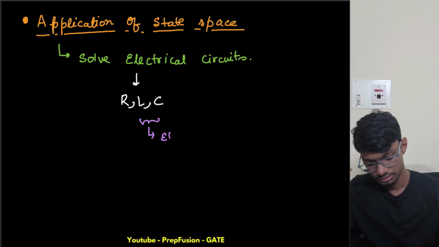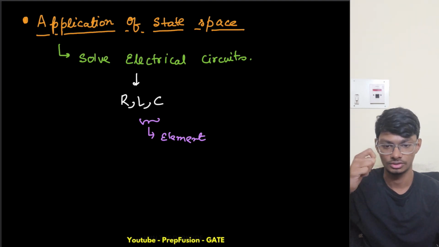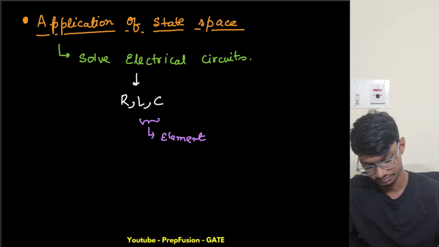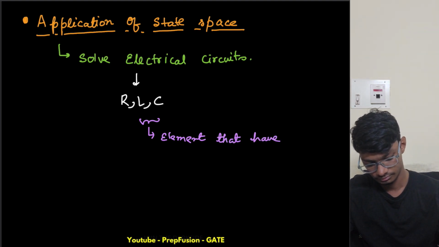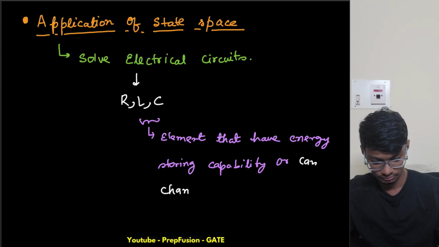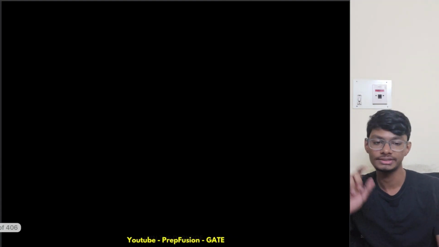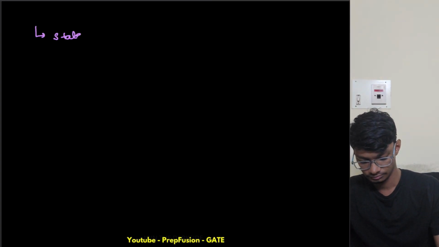elements that have energy storing capability, or that can change the state of the system, we'll choose them as state variables. So what will be my state variable for L and C?